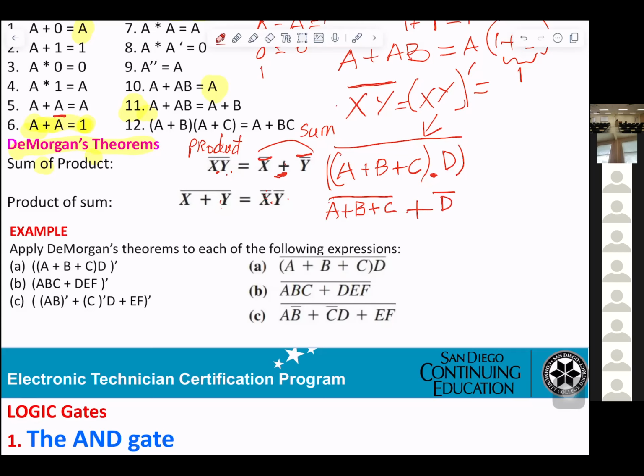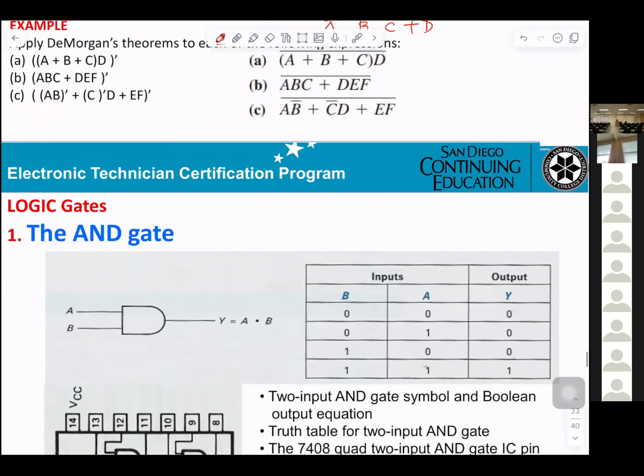Now you break this bar over here: A gets not A, this is the Boolean or, go to the end, not B, or go to the end, not C, or not D. That's just for you guys to know how to use De Morgan's law, converting product into sum or sum into product.